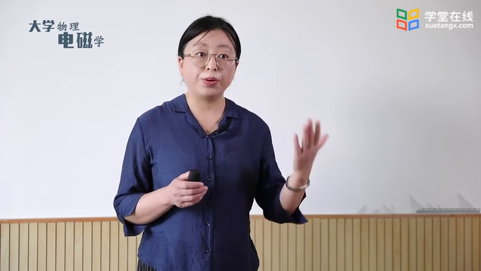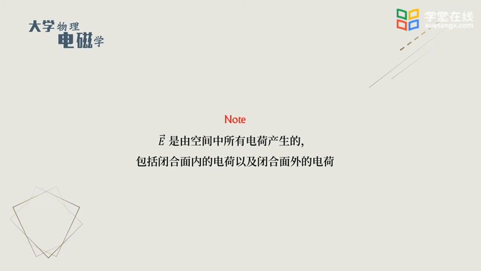When we employ this equation, please note that the charge Q in is the net charge inside the surface, but E represents the total electric field, which includes the contributions from all charges both inside and outside the surface.